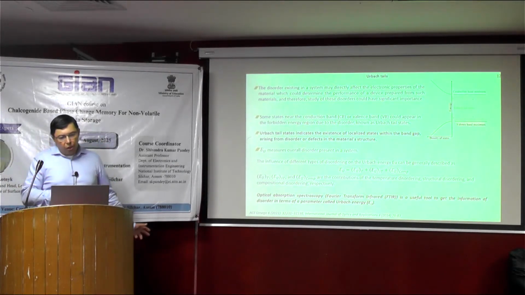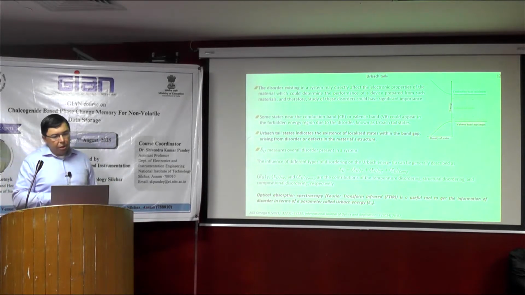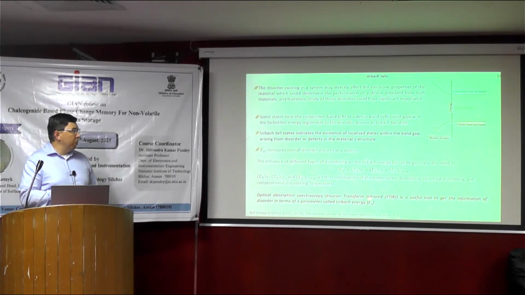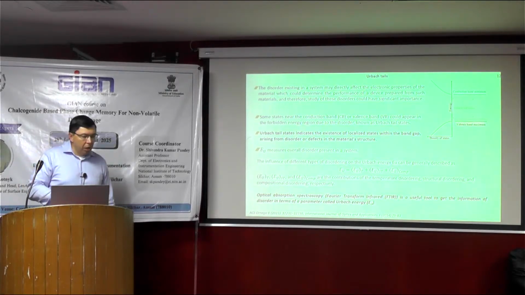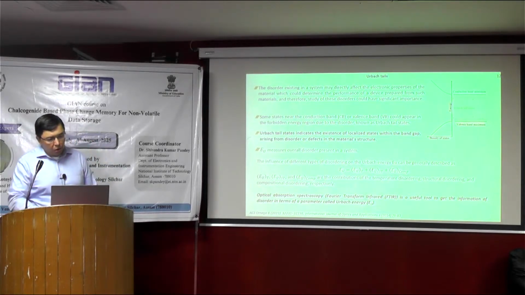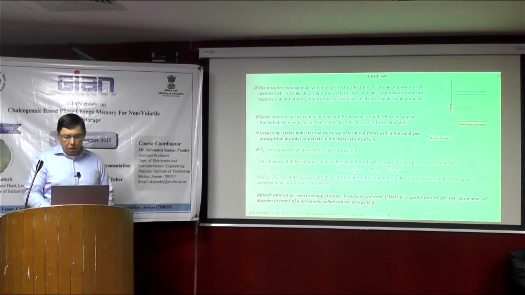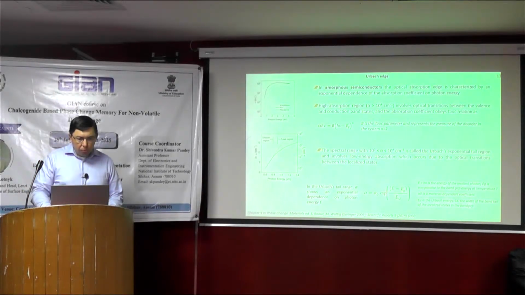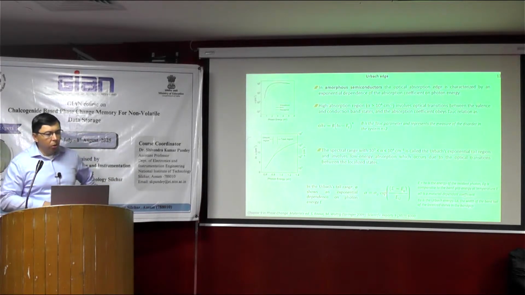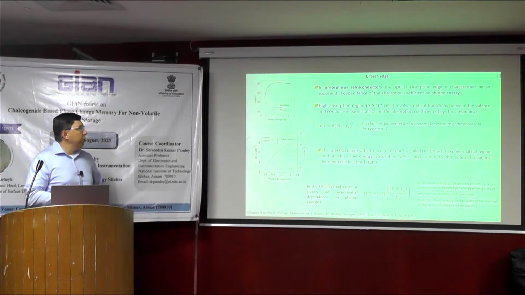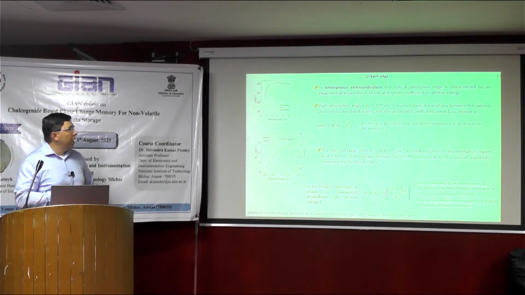In the case of amorphous materials, or in crystalline also, you can use optical absorption spectroscopy. This is called Fourier transform infrared spectroscopy, and it is a very useful technique to study this parameter E_U. So now let us look in more detail at this Urbach edge.